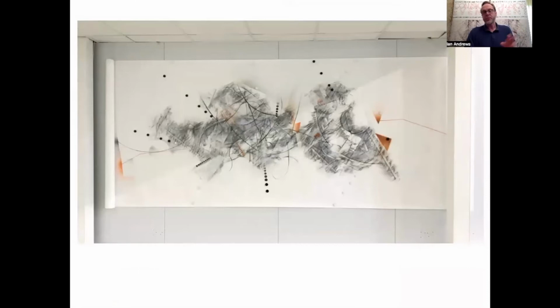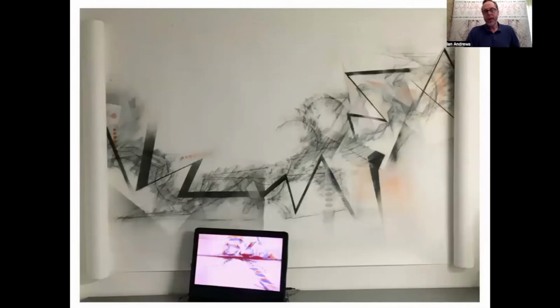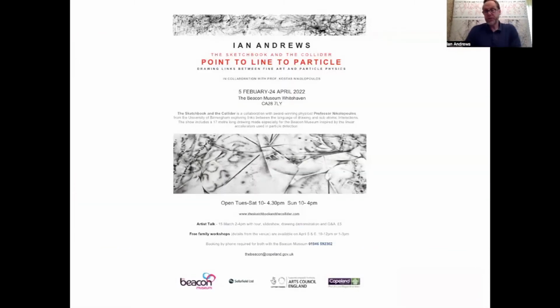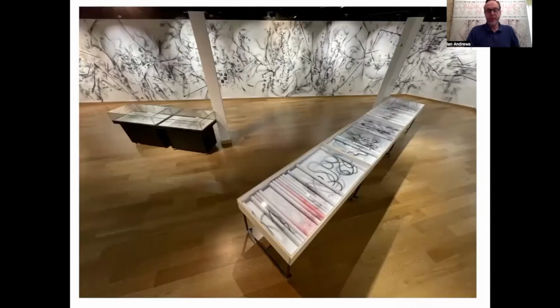And this was the other small room at Devon, where I first explored the idea of the moving image pieces being displayed with an almost part of the drawings, which became a major feature of this exhibition here at the Beacon that we're now looking at.